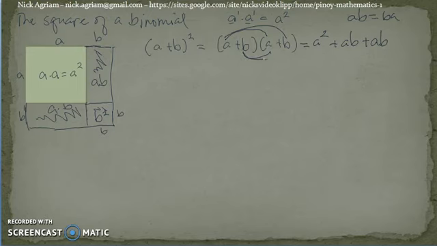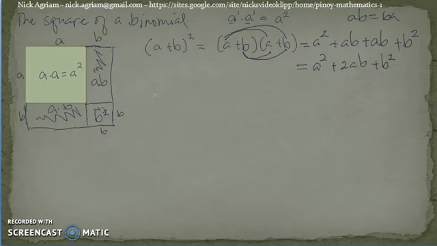And then the last term is B times B, which is B squared. If we simplify that, it is A squared plus 2AB plus B squared. This is the pattern. It doesn't matter how they look like. It always follows this pattern. That is why it is called one of the special products.